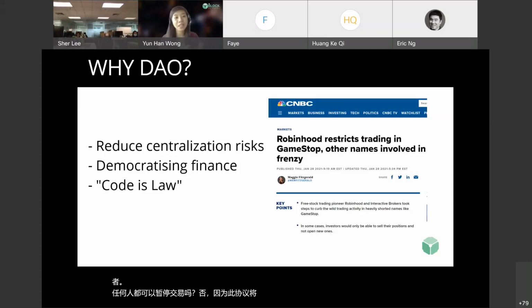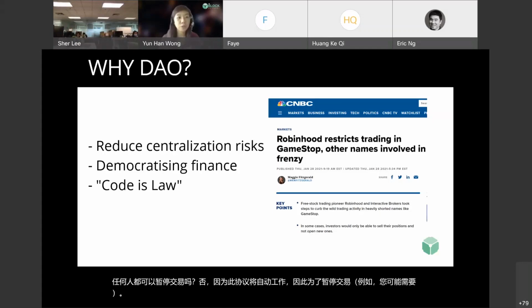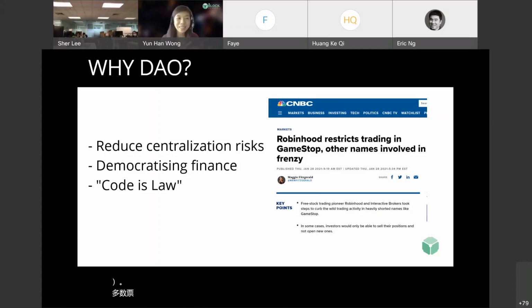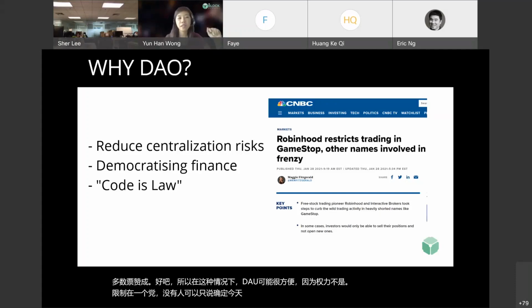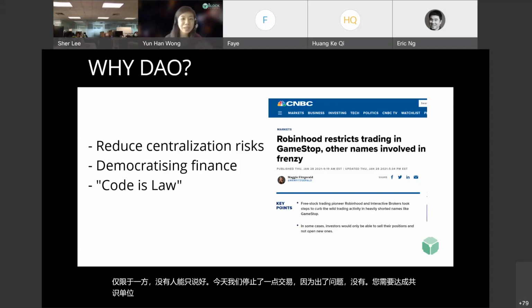And in order to suspend trading, for example, you may need a majority to vote to agree. All right, so in this case, a DAO may be handy because power is not restricted to one party. Nobody can just say, okay, today we stop Bybit trading because something is wrong. No, you need to reach a consensus. You need a majority to agree. So these are some potential benefits of shifting from a centralized model to a DAO model, which is decentralized.